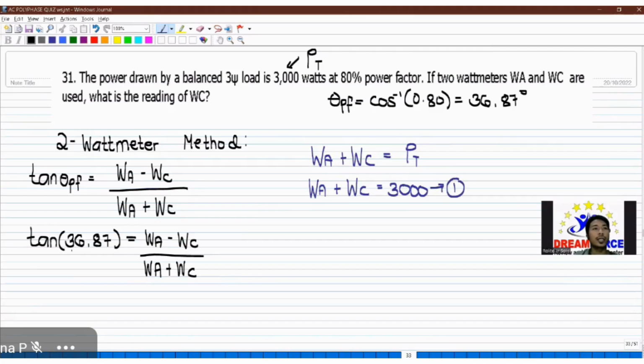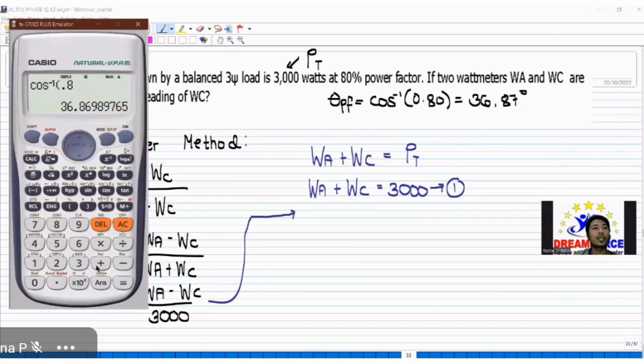Then pwede nating substitutean nito. We have the tangent of 36.87 degrees, which is also equivalent to wattmeter A minus wattmeter C divided by 3,000. Simplify natin.